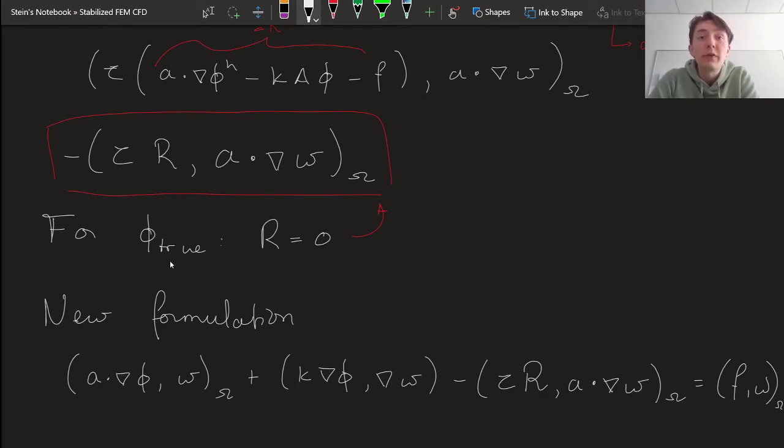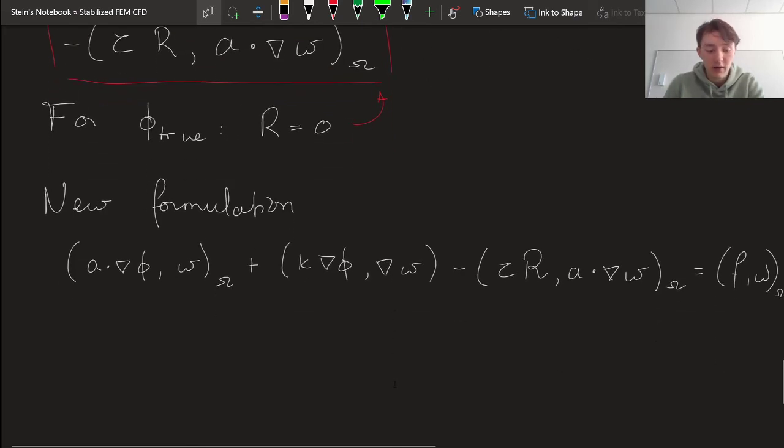And now this is something that is variationally consistent, right? So if we substitute the true solution, then the residual is 0. So this additional term is actually 0. And the remaining terms were simply the Galerkin approximation, and that was variationally consistent. So this is variationally consistent.